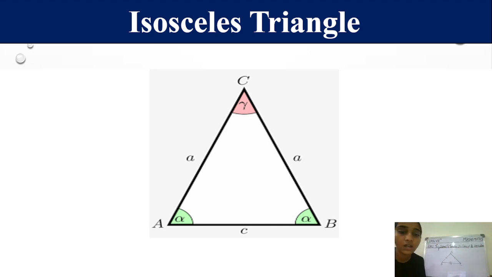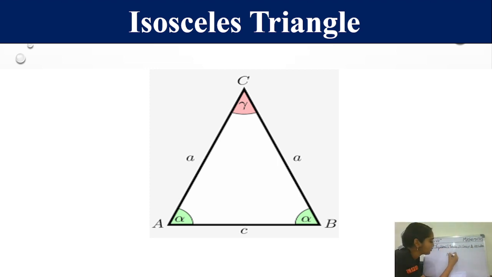Very good, students. So now focus on the sides of this triangle, which is visible on your screen. What will you say about the type of triangle? Very good. The two sides shown equal are AC and BC.